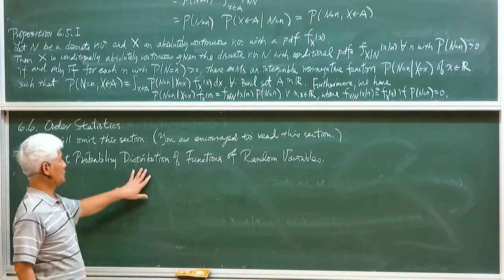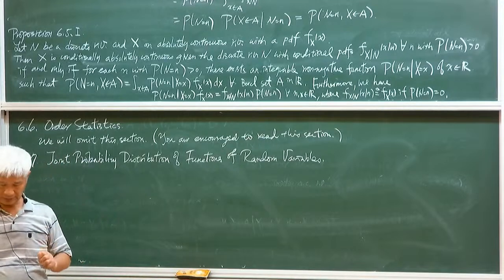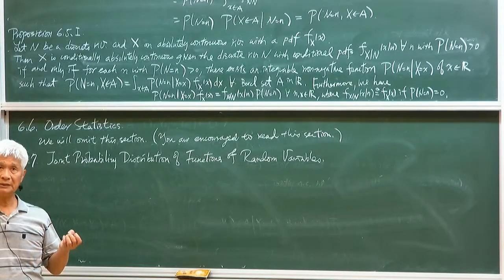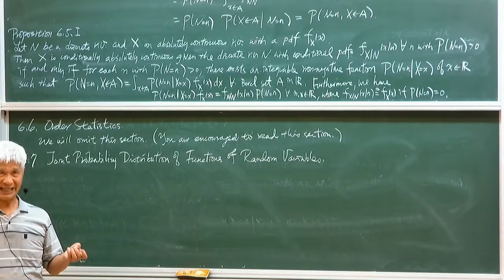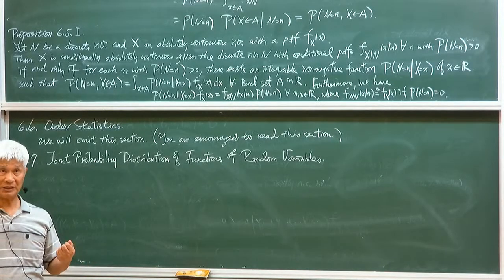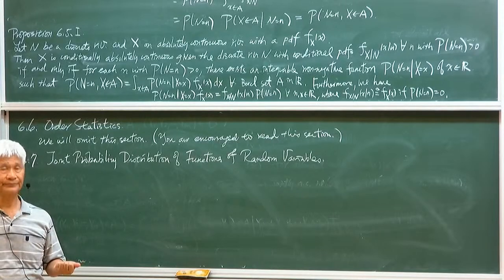All right, so the problem is that if the original random variables are jointly absolutely continuous, then the question is, are these new random variables jointly absolutely continuous?